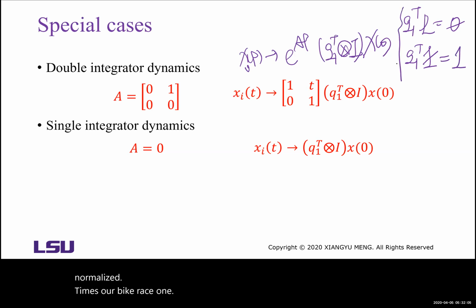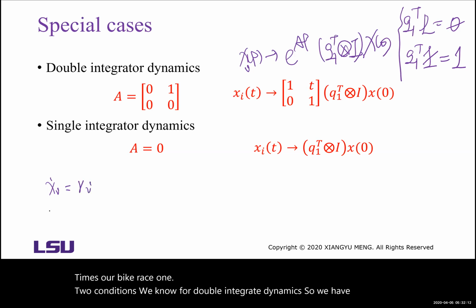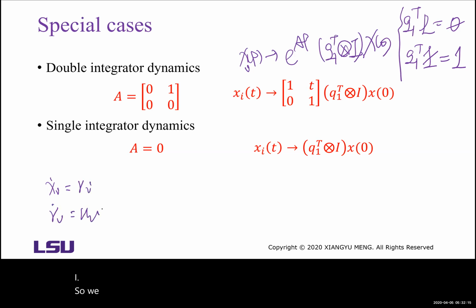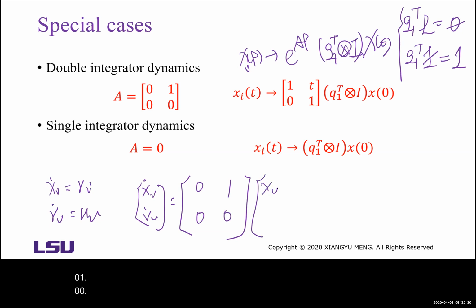Two conditions. We know for double integrator dynamics, xi dot is vi, vi dot is ui, so it can be written as xi dot, vi dot equals 0 1 0 0 times xi, vi plus 0 1 times ui.